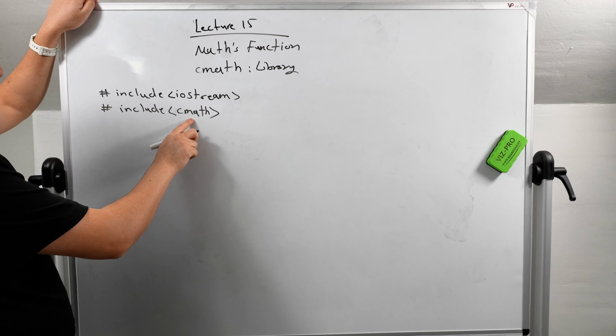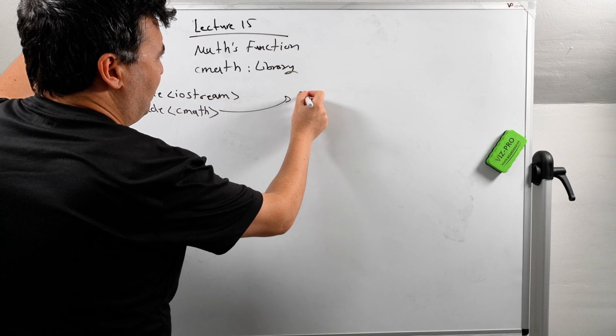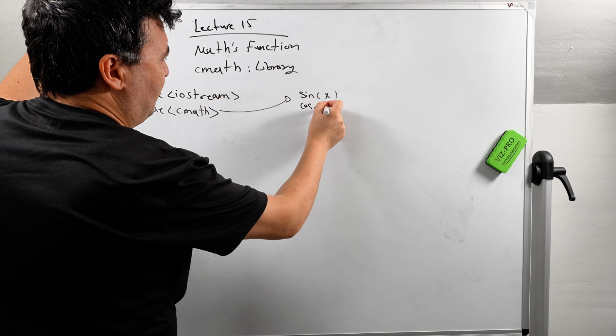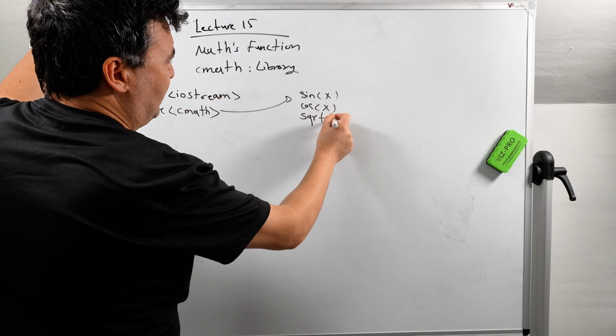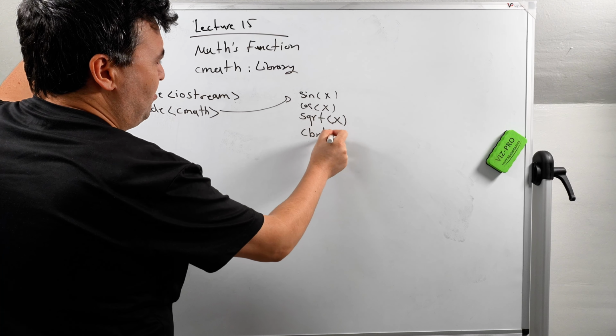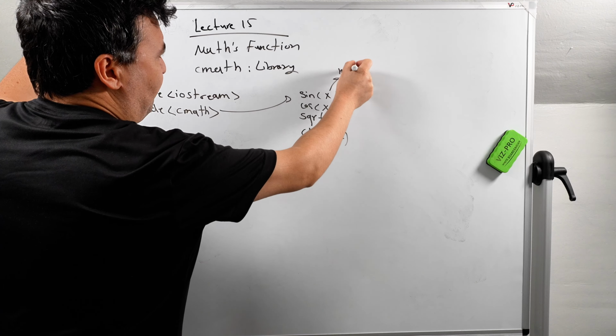So here are all these functions: if you want to calculate the sine of x, the cosine of x, the sqrt, or square root of x, or the cbrt, cube root of x. x is a number, any number.